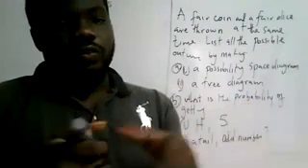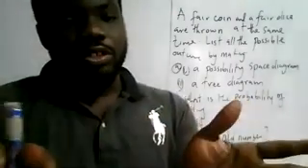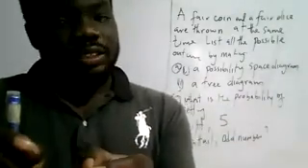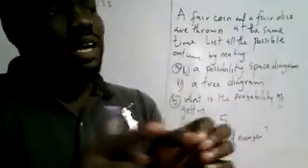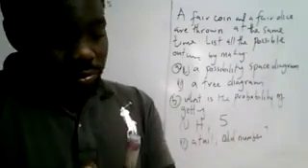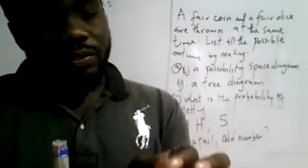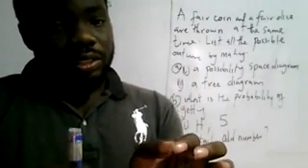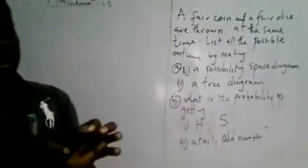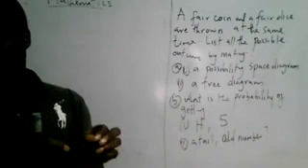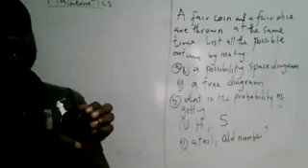Unfortunately, I don't have any of these things here. Now, you throw both of them at the same time. Of course, whatever you get on your die will not affect what you get from your coin. Isn't it? So now that is what we are asking you. What is the probability of getting this?